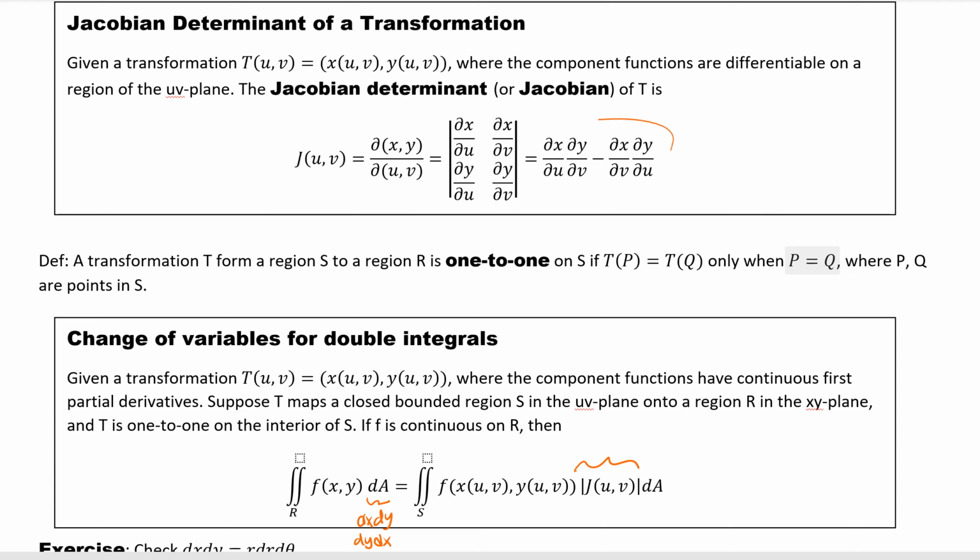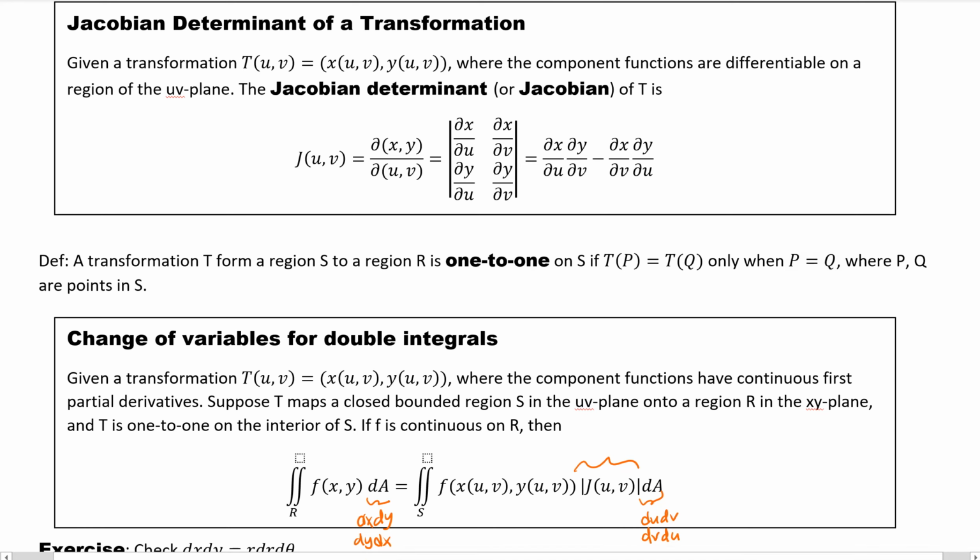The determinant is this expression, and it's a number, or a function. Then we consider the absolute value of that function, and here dA is either du dv or dv du.